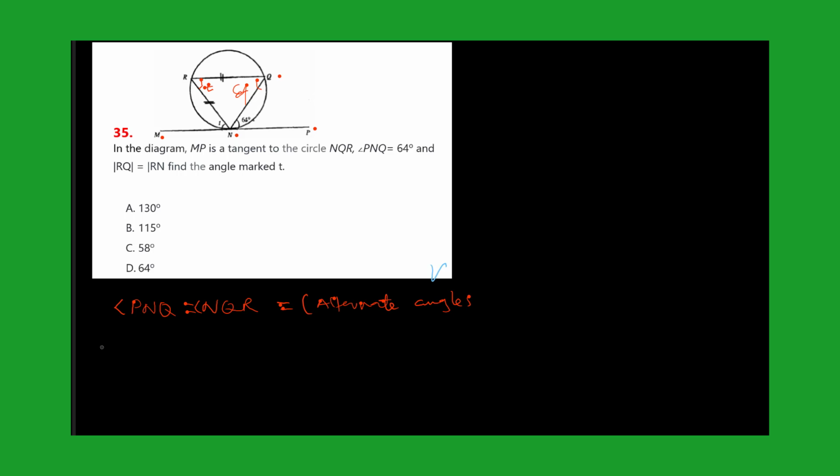So angle MNR equals angle NRQ equals T, same as above, alternate angle.